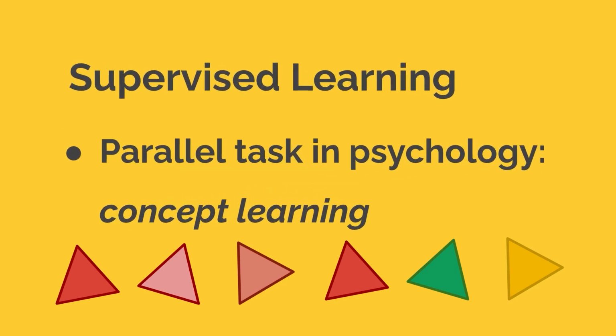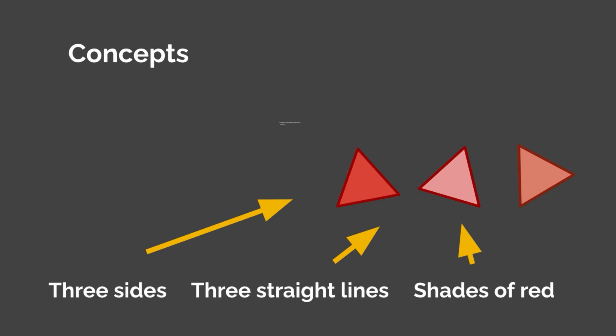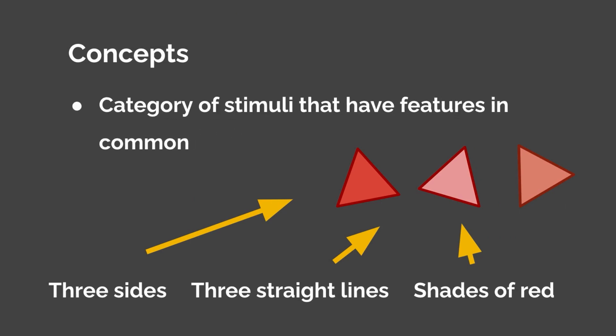There is a parallel task in psychology for supervised learning, and that's known as concept learning. So a concept is a category of stimuli that have features in common. So concepts have to have features in common.